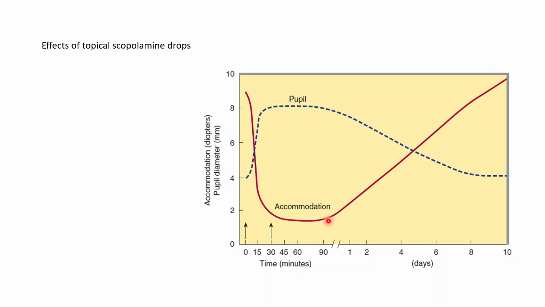That is why antimuscarinic drugs are used for the treatment of asthmatic patients, and also for patients with chronic obstructive pulmonary disease, or COPD.